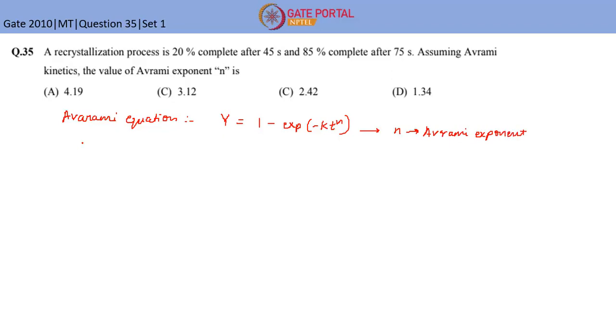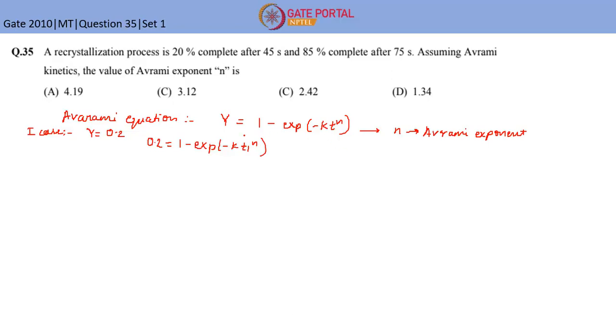The values which we have is, in 45 seconds 20% is complete. So first case we will solve. Here y is 0.2. So 0.2 equals 1 minus exponential of minus k t1, let's call it t1 for time, raised to power n.